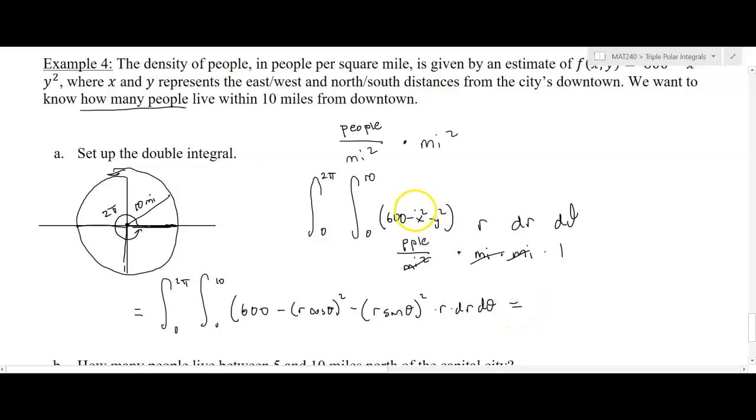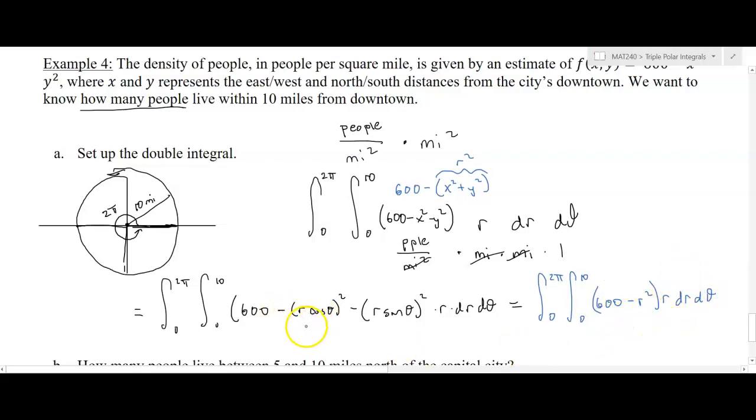Another thing you could do here is if in this parentheses you observe that this is really 600 minus quantity x squared plus y squared, this by Pythagorean identity is the square of the radius, so I could make this integral a little bit easier. Again, I'm going to dump it into an integral calculator, so it doesn't matter, but at least the input will be a lot shorter if I just say this is 600 minus r squared times r dr d theta.